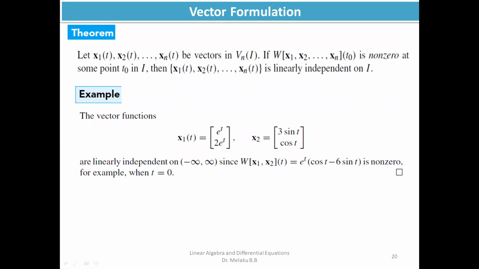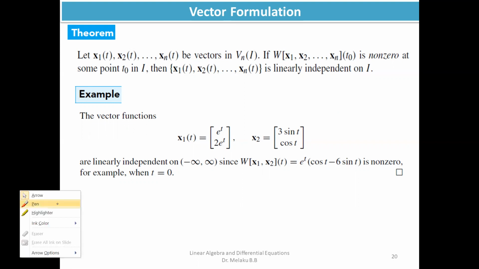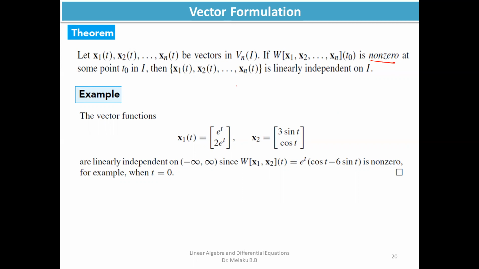And if we have x1(t), x2(t) through xn(t), which are vectors in V_n(I), and if the Wronskian at a certain point t0 is non-zero, which means the Wronskian is different from zero, this implies these column vectors are linearly independent.